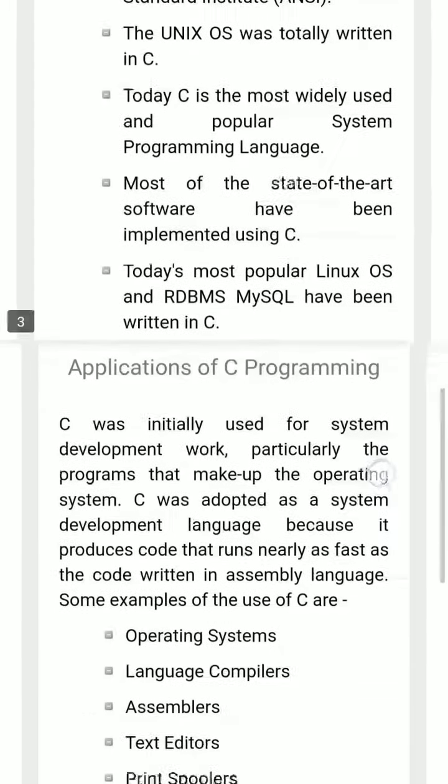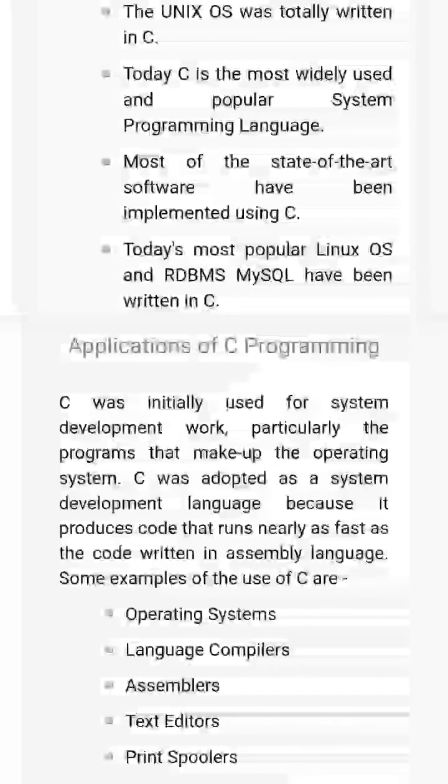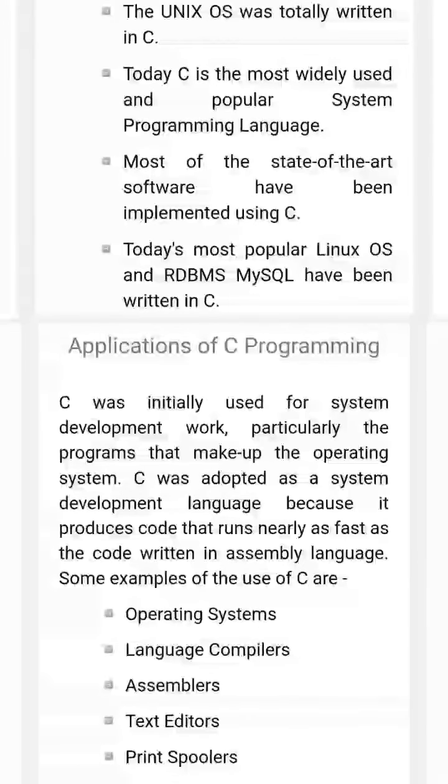So today, most of the popular Linux operating system and the RDBMS MySQL have been written in C. Okay, so an operating system is software, and RDBMS means a relational database management system, and MySQL is the software that is used to manage your database. Okay, so every software is being implemented or created by using this C language.